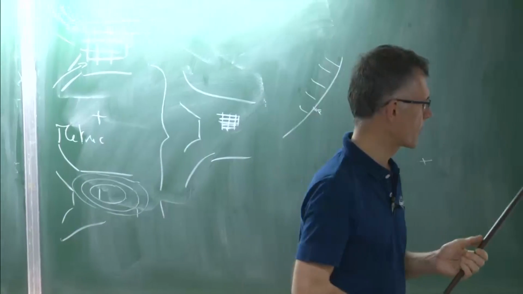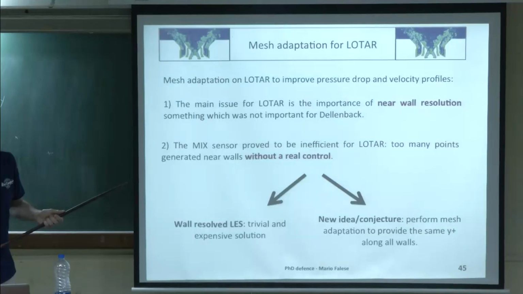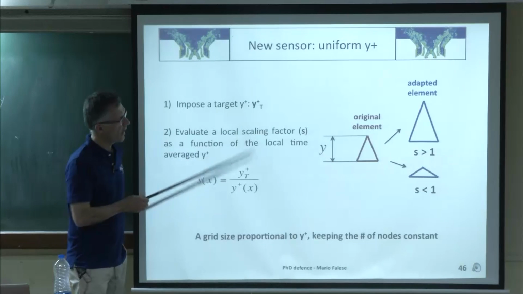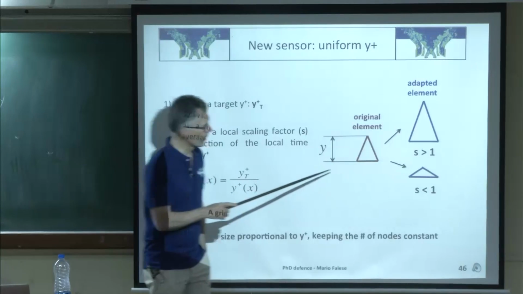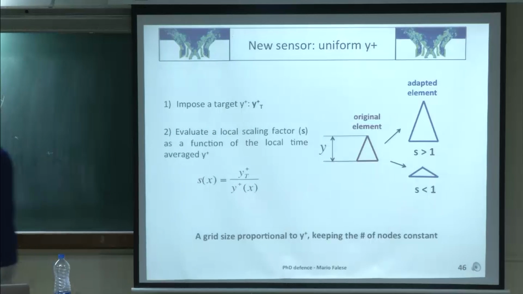So we tried different tests for that, and the main idea which actually seemed to work is to say we should have a reasonably regular mesh near the walls. We had a long discussion with the PhD student about that.